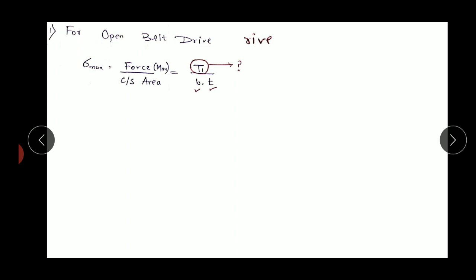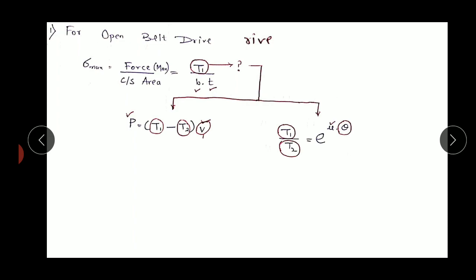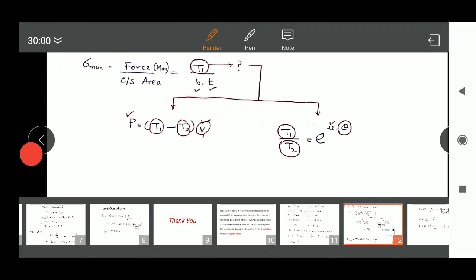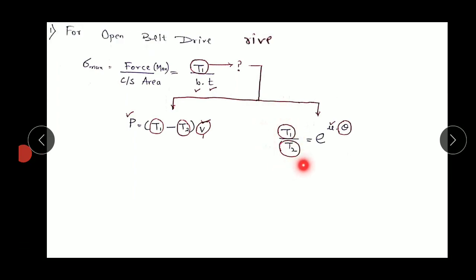The first formula is the formula of power: power is equal to T1 minus T2 into V. Power is given. T1 and T2 are both unknown, and the velocity of the belt is also unknown right now. The second formula we can use is T1 upon T2 is equal to e raised to mu theta, in which T1 and T2 are both unknown.